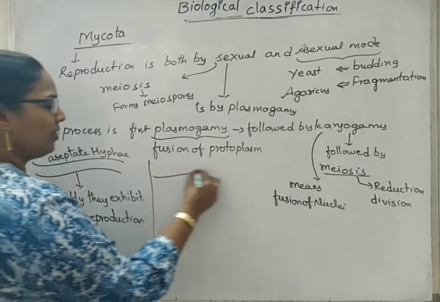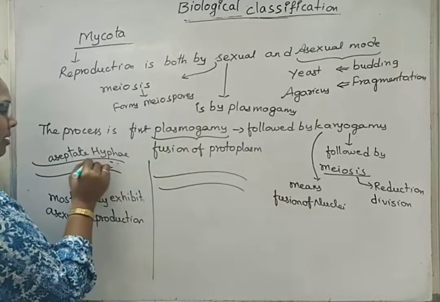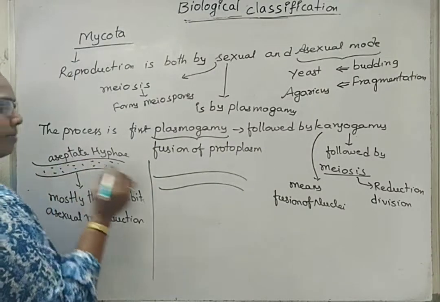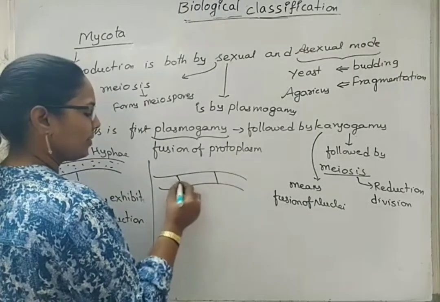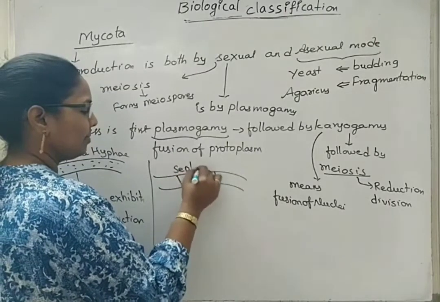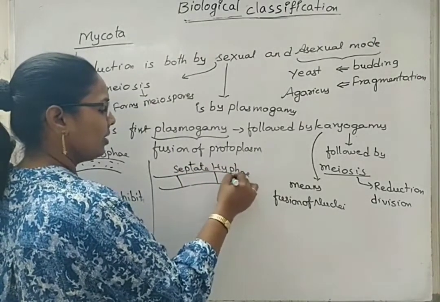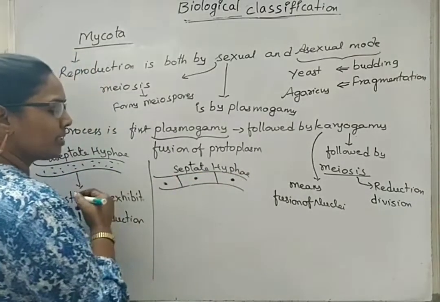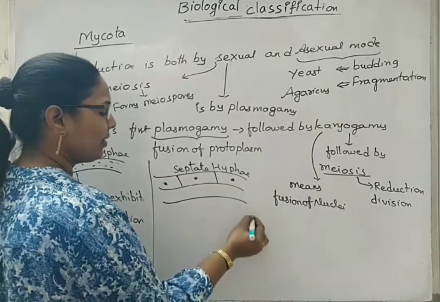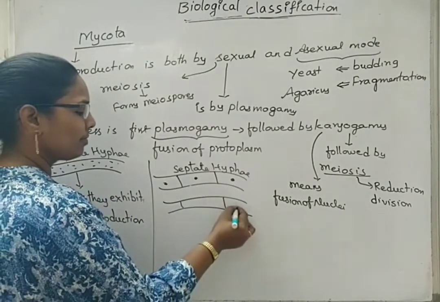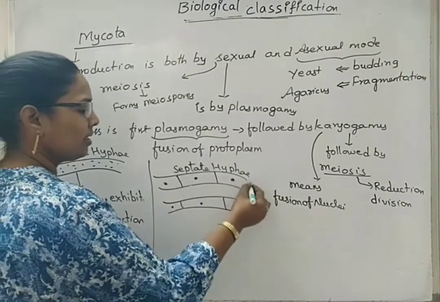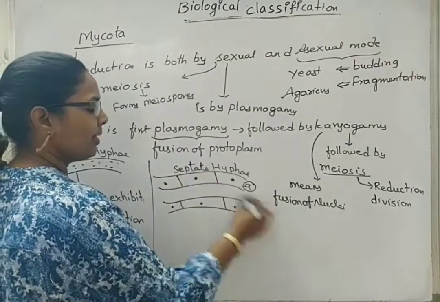Now, if the hyphae is septate, here one nucleus, here one nucleus, here one nucleus. Now, another hyphae will try to fuse with this. We can say this is A hyphae, this is B hyphae.